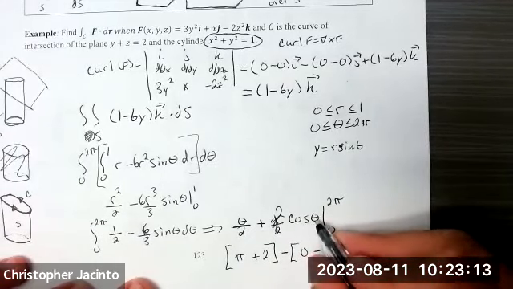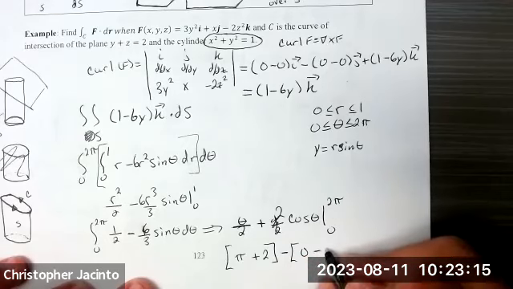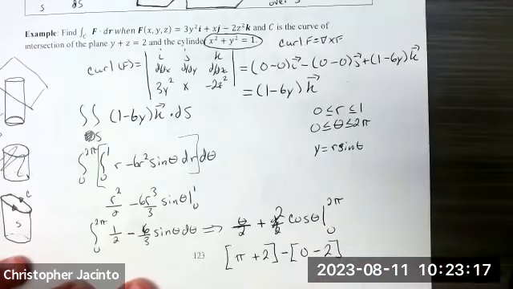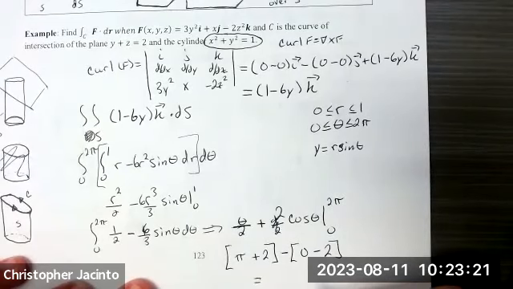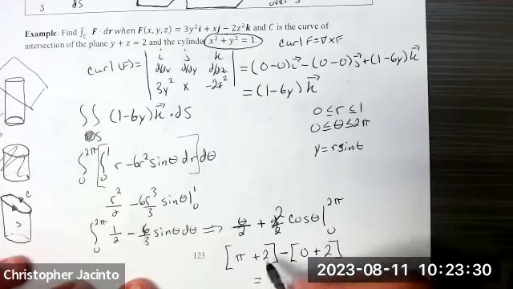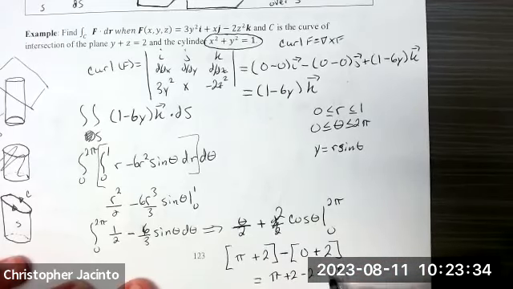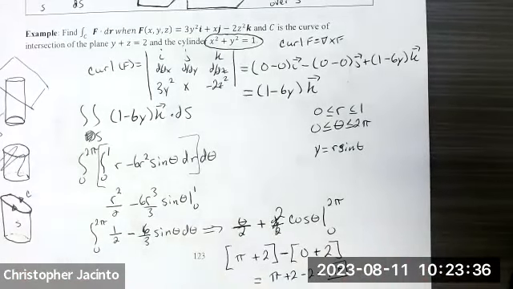Plug in 0 for cosine, that's 1. So that also gives you 2. Oh, positive. Yeah, what am I thinking? Maybe my sign messed up. Okay, so good. So I get pi plus 2 minus 2 just gives me pi. There we go.